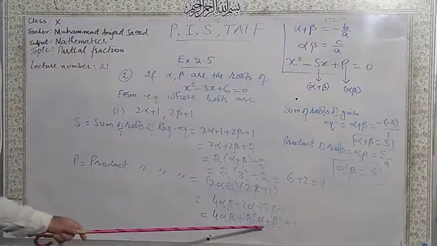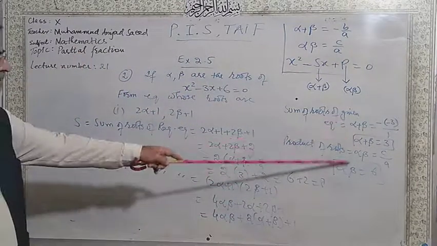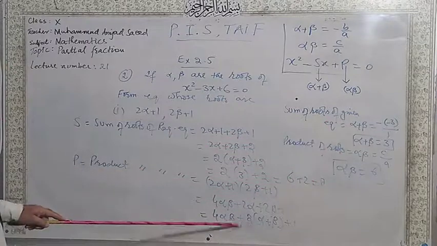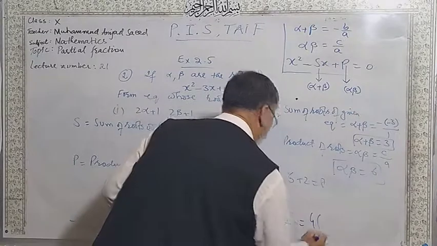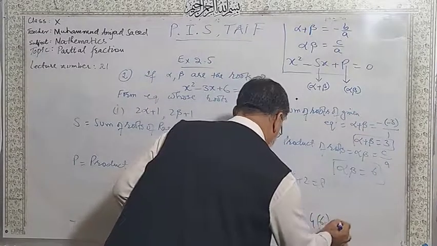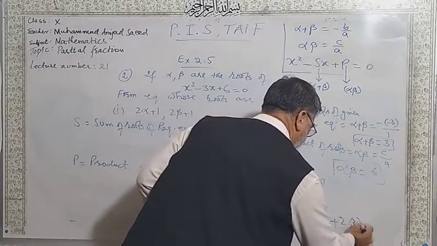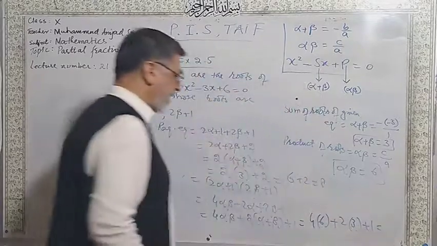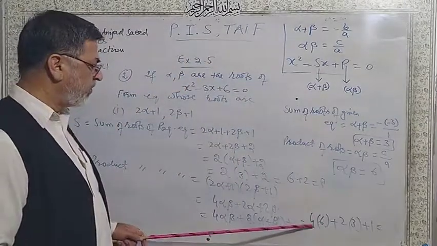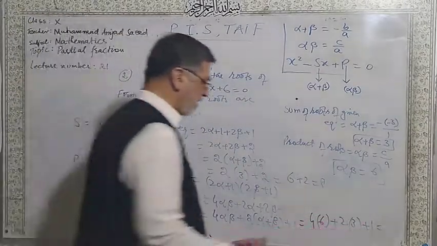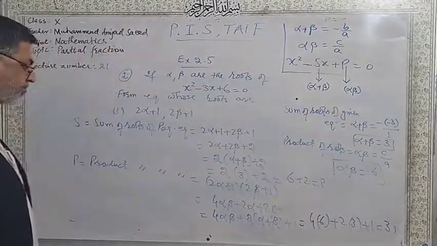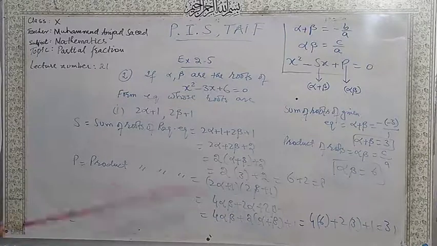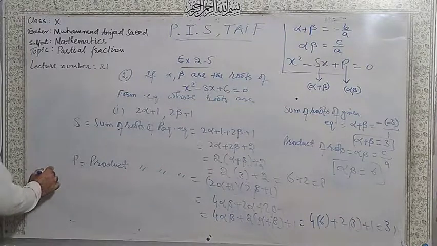Here is alpha plus beta and alpha beta. Take these values from here and put them here. Here you will see 4 into alpha beta is 6, 2 into alpha plus beta is 3, plus 1. Here is 24 plus 6 is 30 and this is 31. 31.